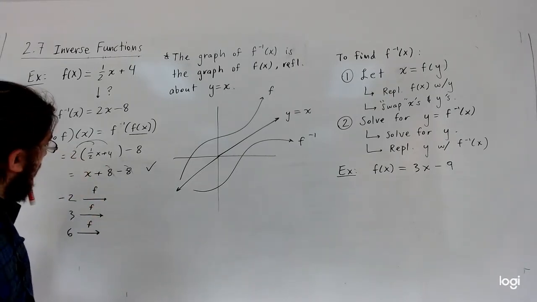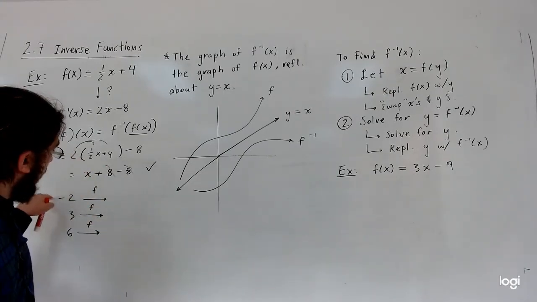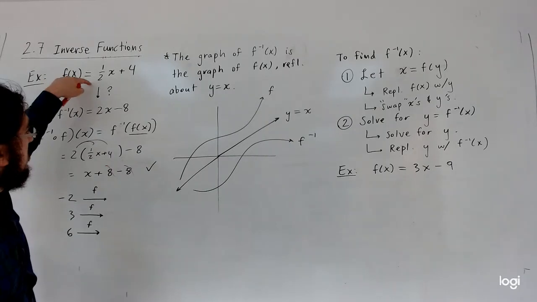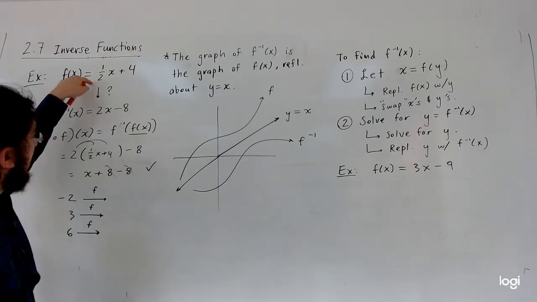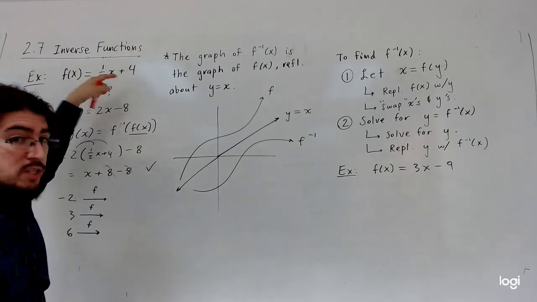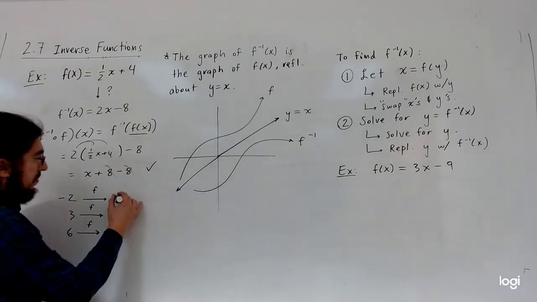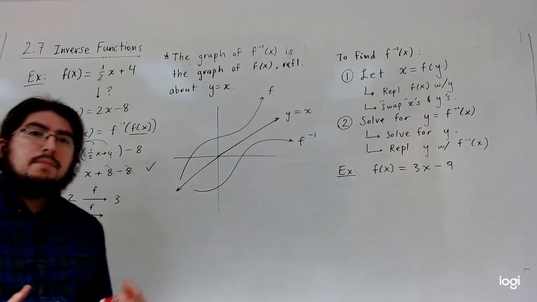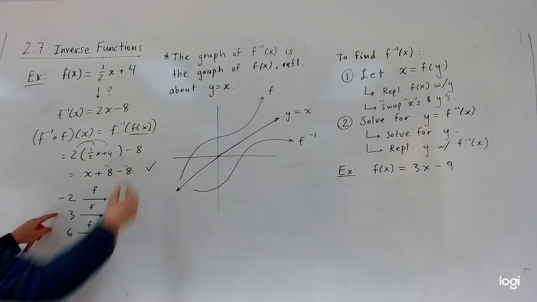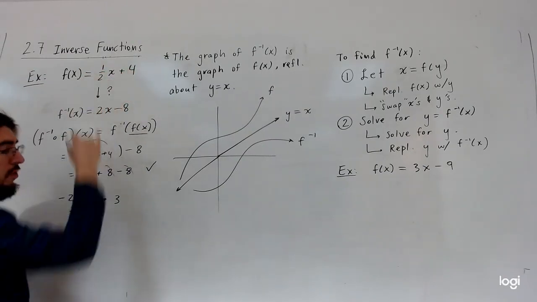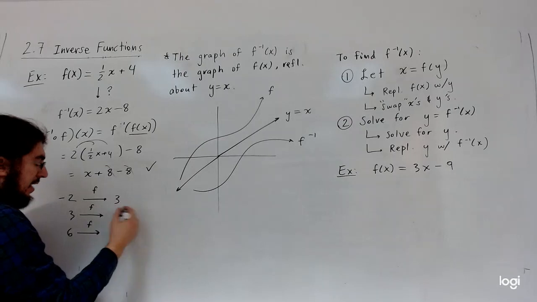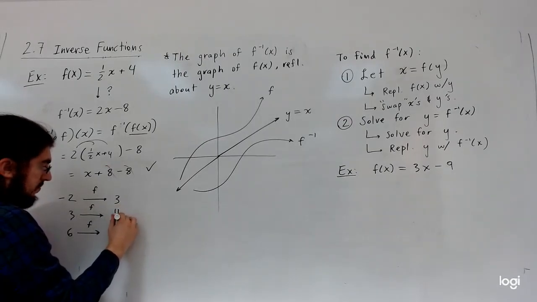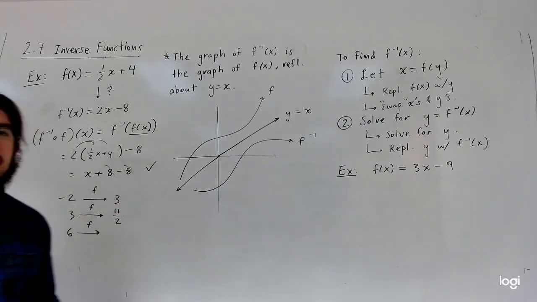So I want to plug -2 into f. -2 plugged into f is 1/2 of -2, which is -1, plus 4 is 3. Plug in 3 into f, then we get 3/2 plus 4. 3/2 plus 4 is 11/2.